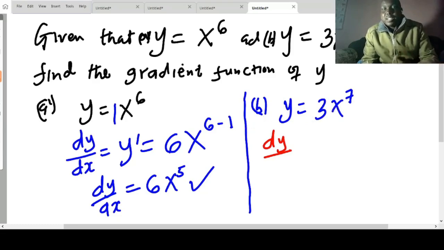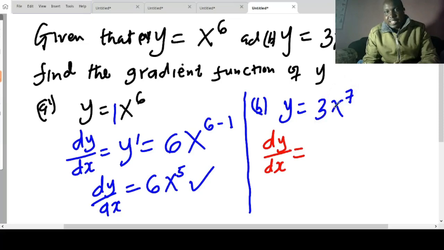So we are differentiating y with respect to x. That is why we say dy over dx, which is equal to, now 7 is the power, the coefficient is 3, so it is 3, the coefficient, times the power, which is 7, and then x raised to power 7 minus 1.